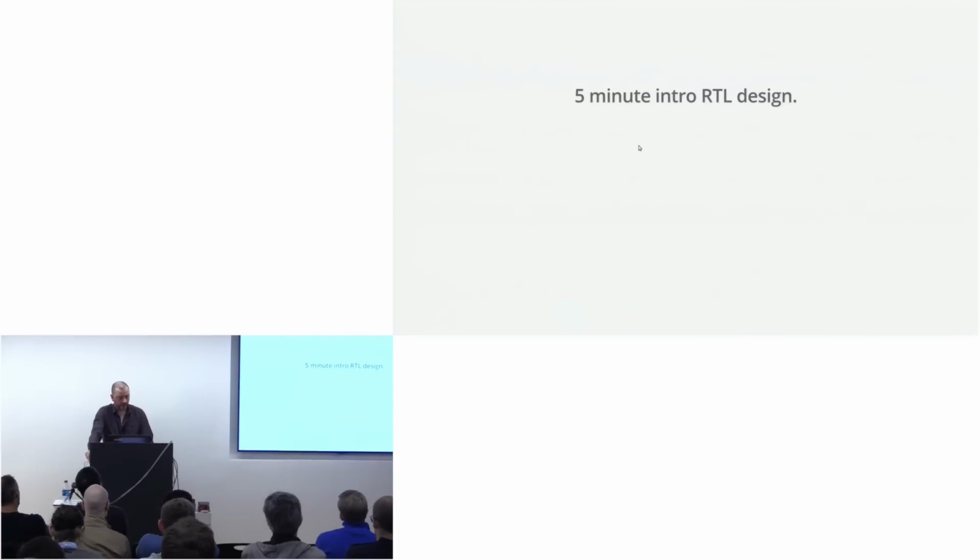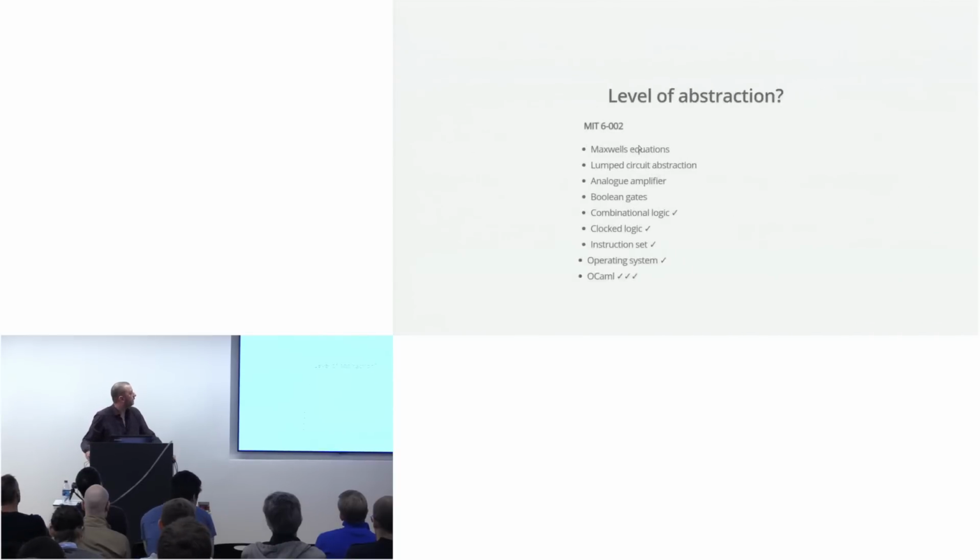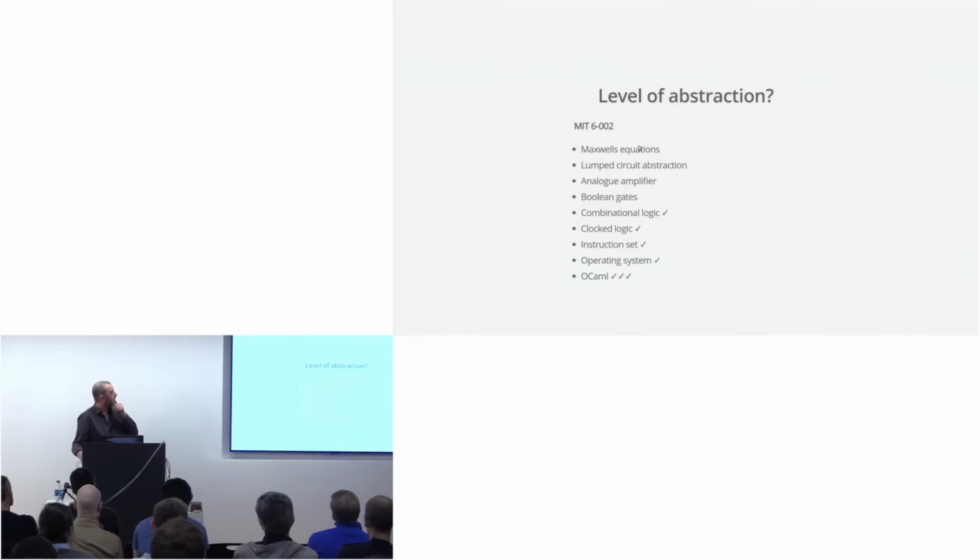Okay, so a quick intro to RTL. There was a cool lecture I saw a while ago, I thought I'd point this out, which shows how the abstractions build on each other. I think it's pretty useful to understand where this stuff fits in the general scheme of things.